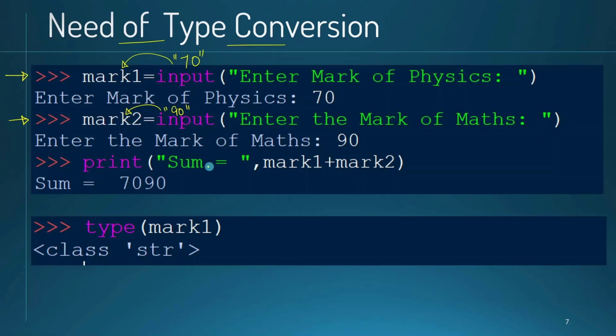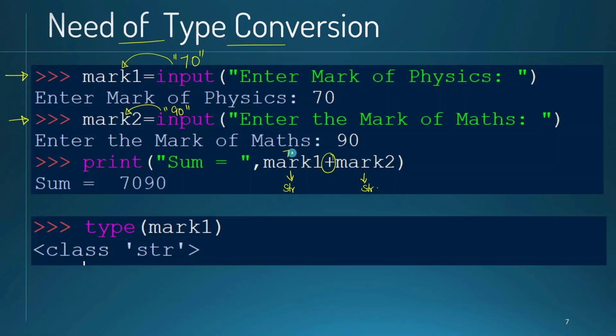After that I am trying to add mark 1 plus mark 2. Now the problem here is that mark 1 is a string and mark 2 is a string. So when you use this plus operator between two strings, you remember we will actually do a concatenation, right?